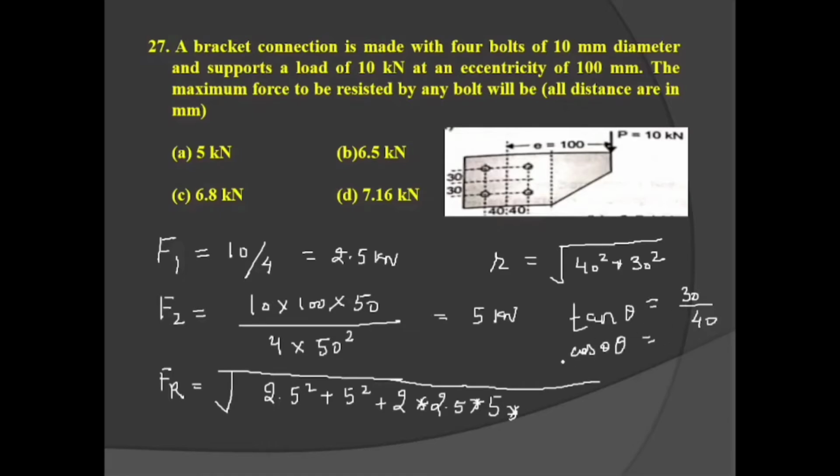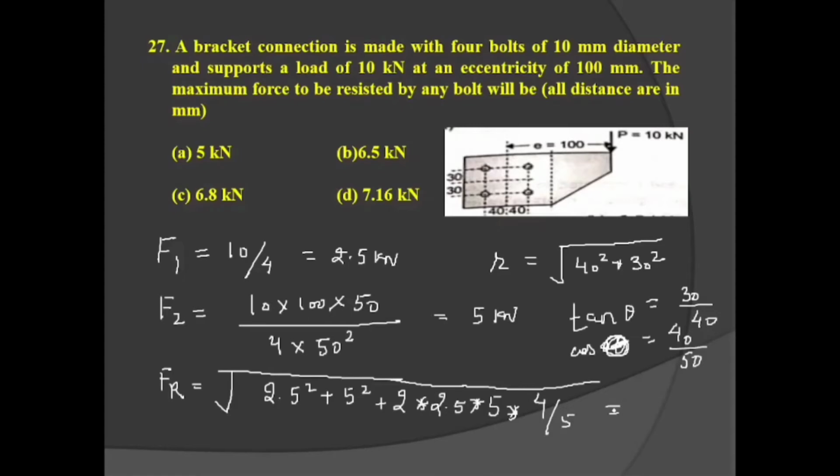If the hypotenuse is 50, this is 40, this is 30, so cos theta will be equal to 40 by 50, that is base upon hypotenuse, that is 4 by 5.